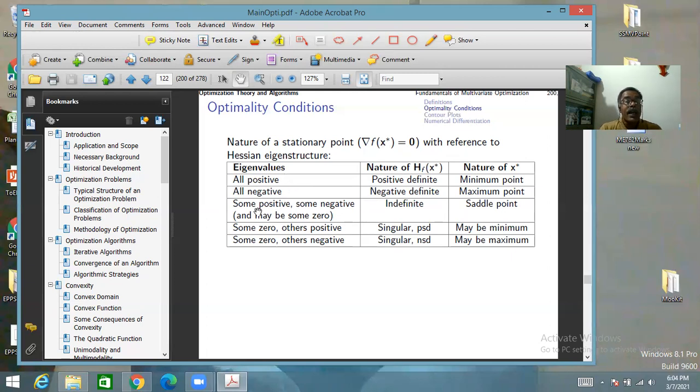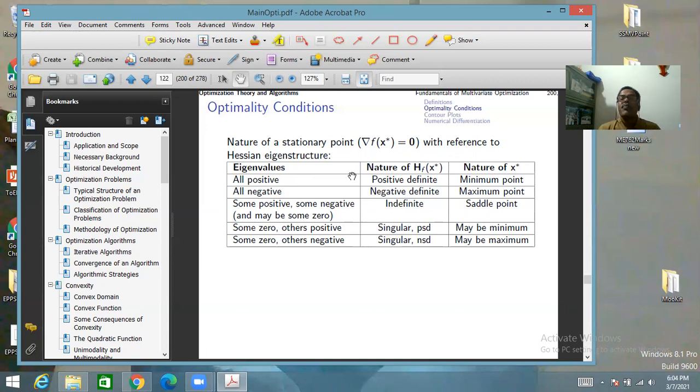If some of the eigenvalues are positive, some negative, and maybe some 0 also, in that case you call the matrix indefinite, and it's called a saddle point. Along the eigenvector for which the eigenvalue is positive, the function will increase like this.